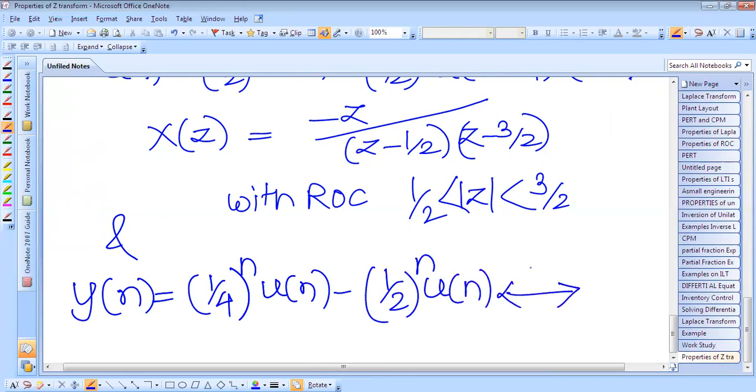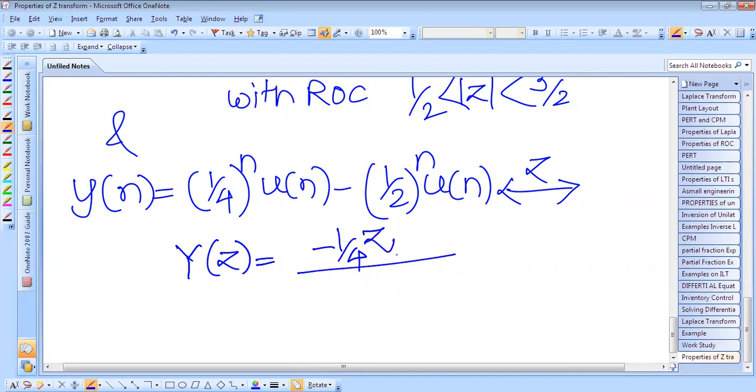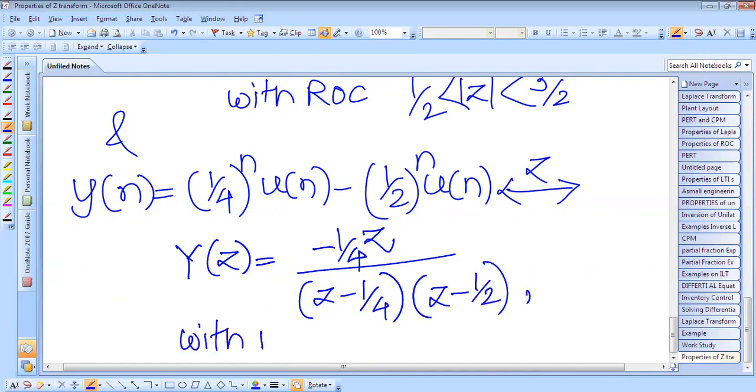The Z transform of this is y of Z equals minus 1 by 4 Z divided by Z minus 1 by 4 into Z minus half, with ROC magnitude of Z greater than half. This is the example we have, and we have to evaluate the Z transform.